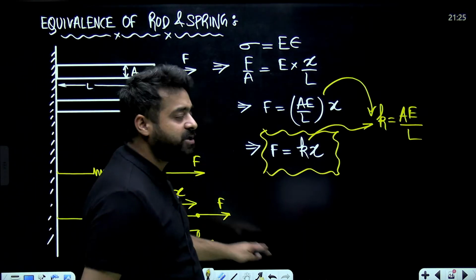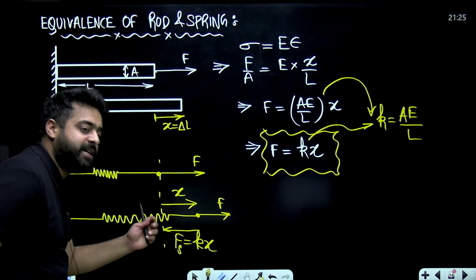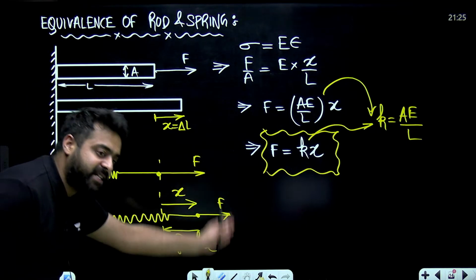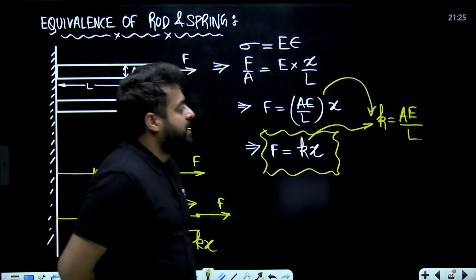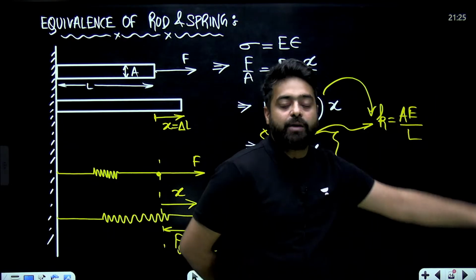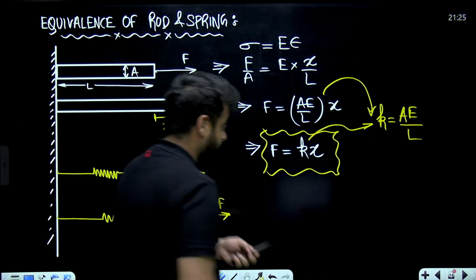Now, spring constant plays a very important role because it depends upon how much it gets extended. If the spring constant is very high, x will be very low for the same force. Simple. So here it depends upon the area of cross section and Young modulus, and that plays a very important role. Please try to understand.